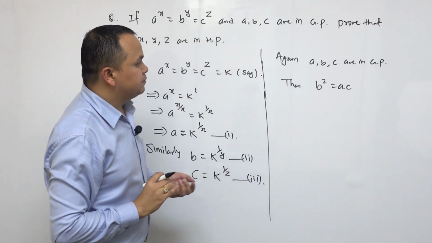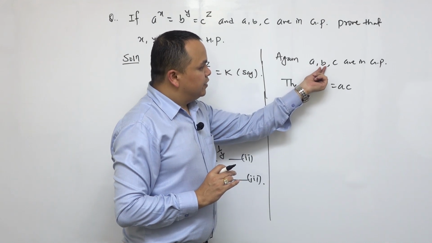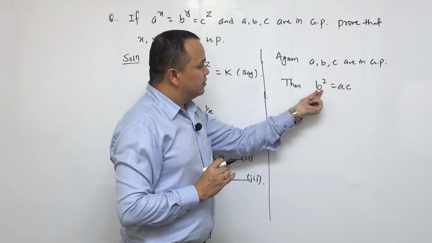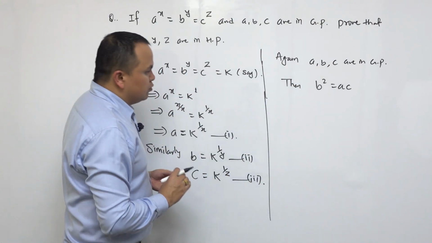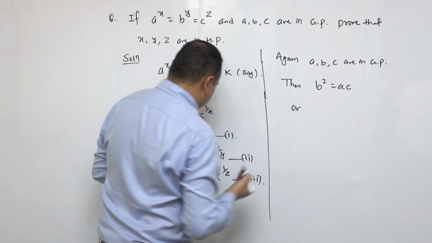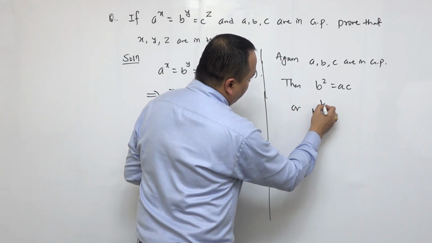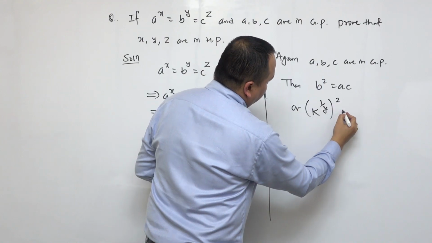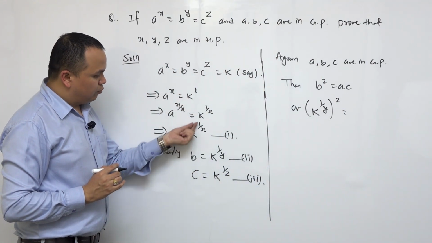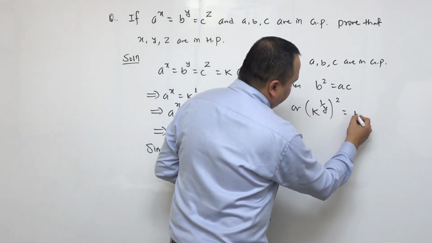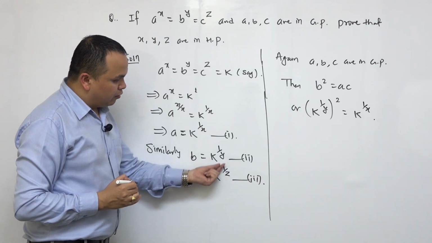Earlier we have studied the formula: if A, B, C are in GP, then the square of the second term is equal to the product of the first and third. Now, we have B is equal to K to the power 1 upon Y, so B squared is K to the power 1 upon Y whole squared. Here A is equal to K to the power 1 upon X. Similarly, C is equal to K to the power 1 upon Z.